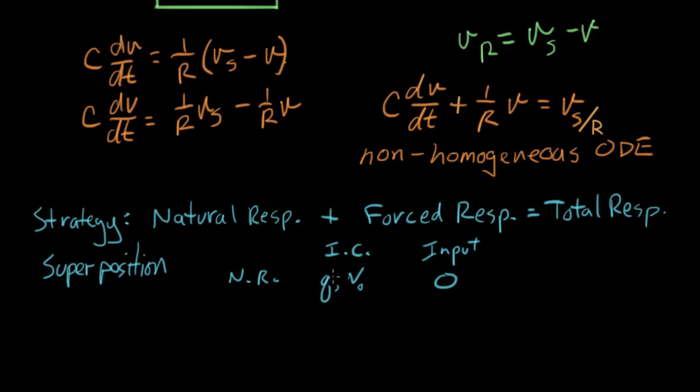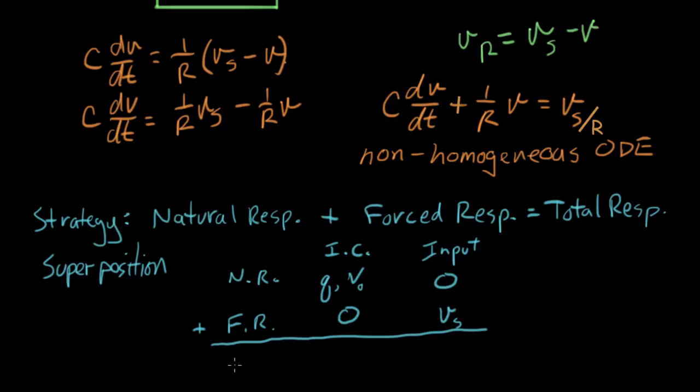So those are the conditions for the natural response. When we take the forced response, we do the opposite. We set the initial conditions to 0, simplify the circuit down, and use the inputs that are actually applied, in this case V of S. Then to get the total response, we add those together with a plus sign.